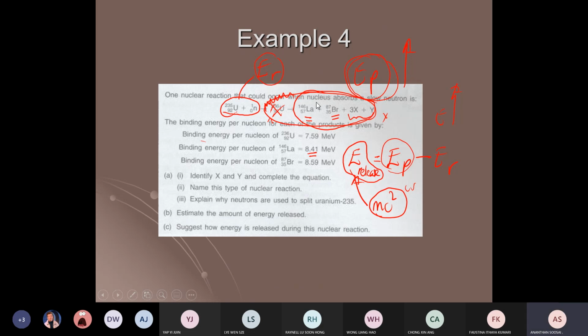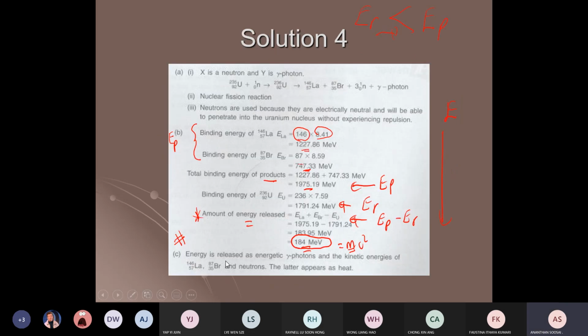The energy release will be in the form of the kinetic energy of all the products, which towards the end will turn into heat energy, the internal energy of the substance rising. Originally, the energy is released as an energetic photon and the kinetic energy of all the products, La, Br, and neutron, all moving away. Then later they appear as heat.